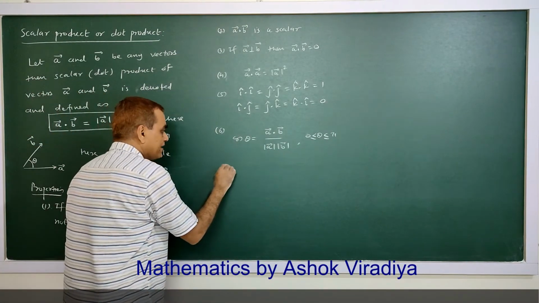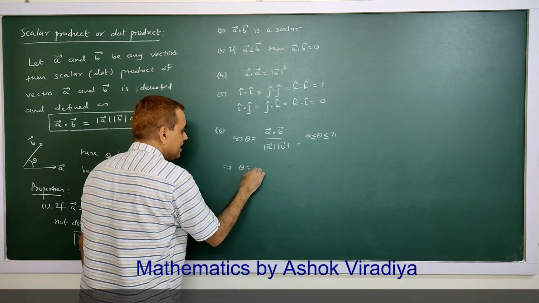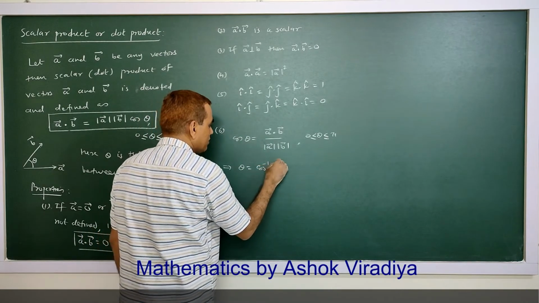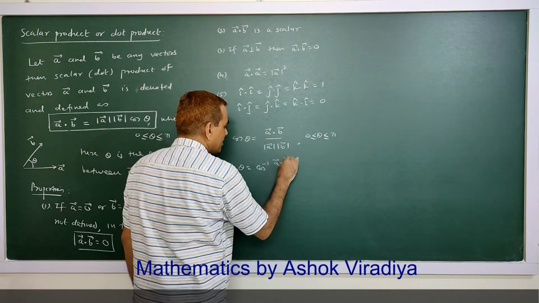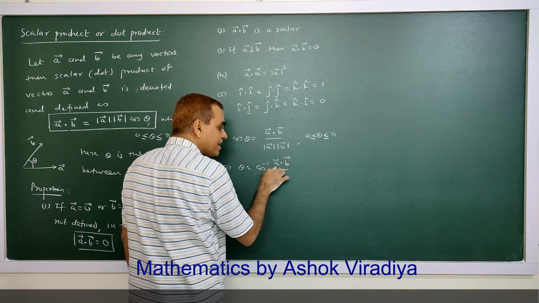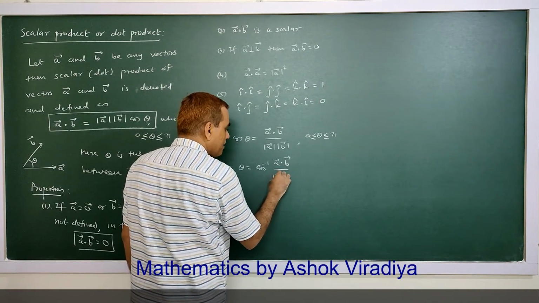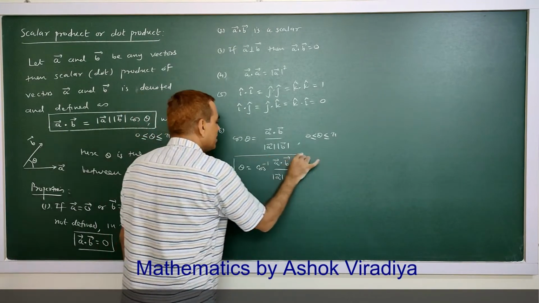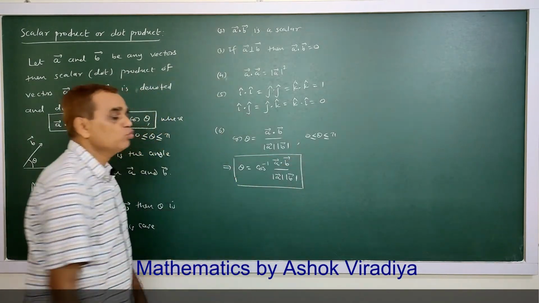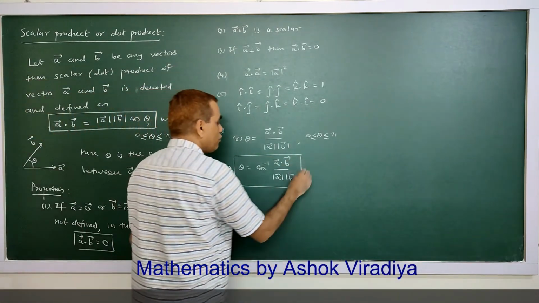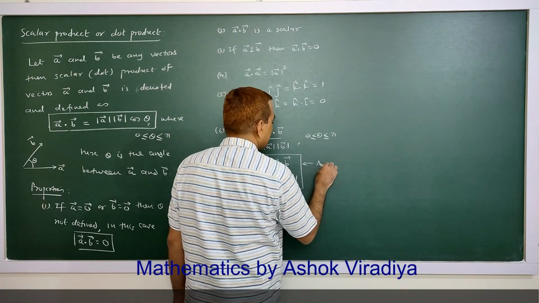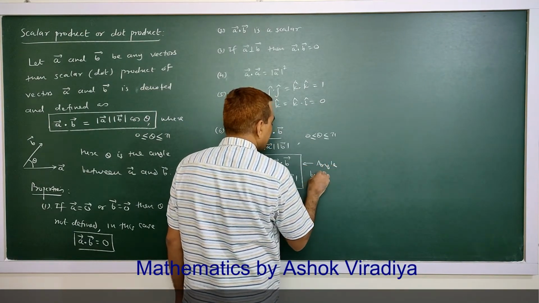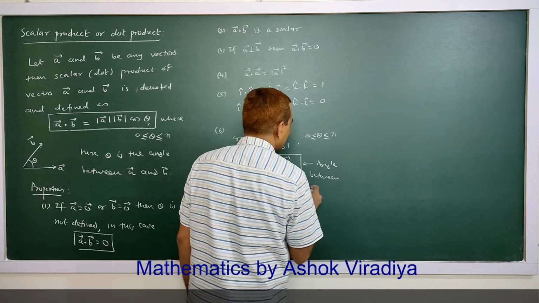So the angle between two vectors, theta, is equal to cos inverse of vector a dot vector b upon magnitude a magnitude b. So this is the formula to find the angle between two vectors.